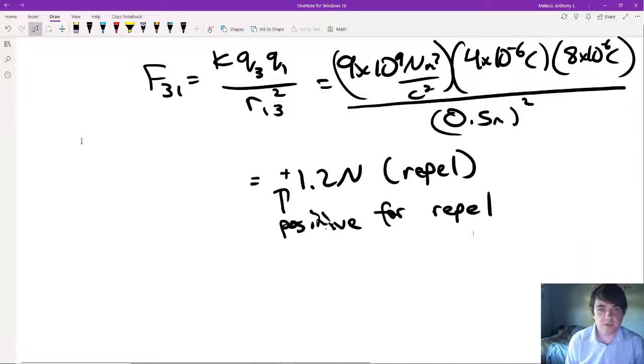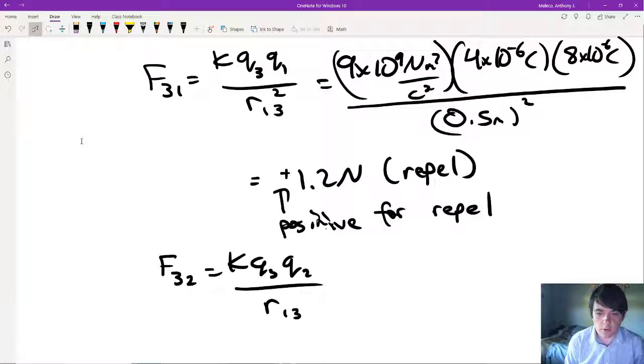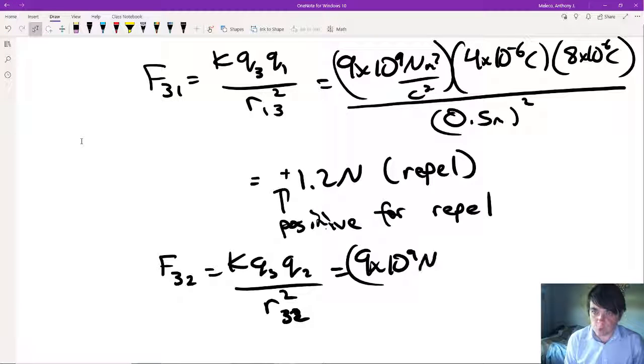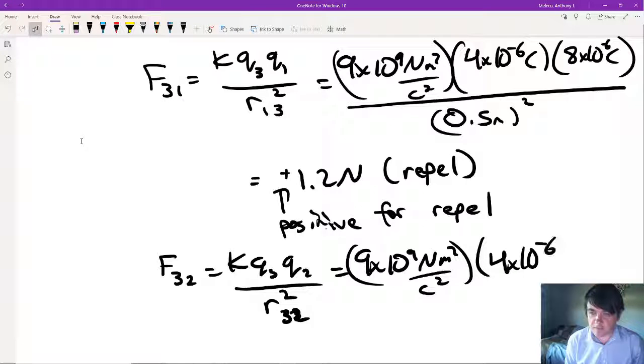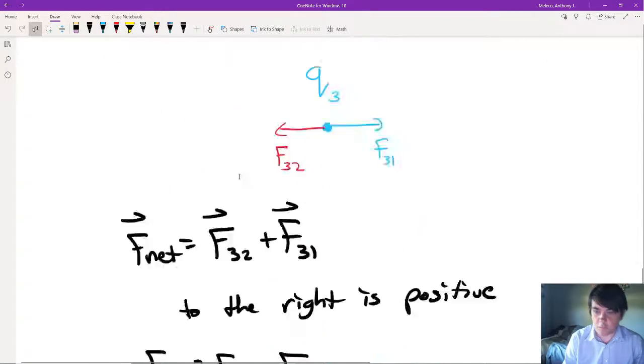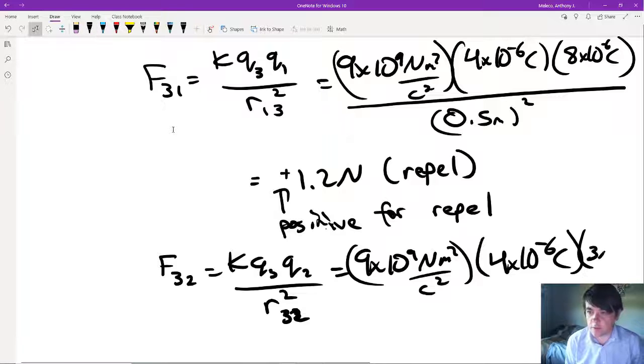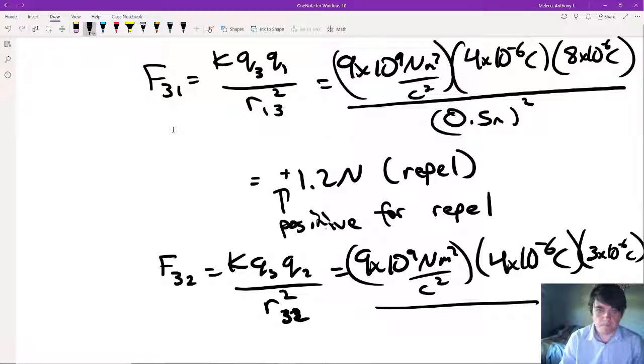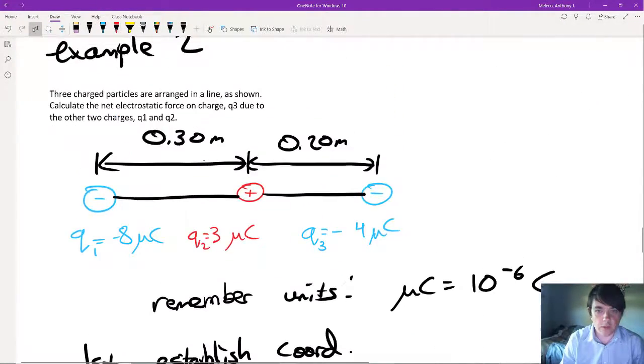Okay, the next one we need to do is F32, which is K Q3 Q2 over R32 squared. So this is going to be 9 times 10 to the 9 newton meter squared per coulomb squared. Q3 again is 10 to the minus 6 coulombs, and then Q2 is 3 microcoulombs, so 3 times 10 to the minus 6 coulombs, and this is over their distance, 0.2.